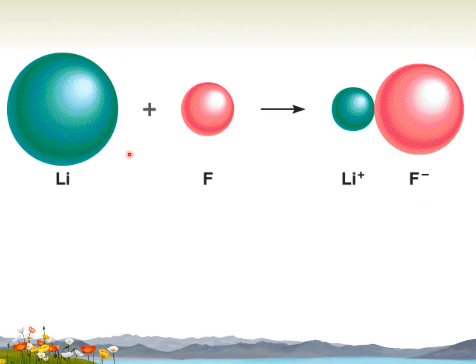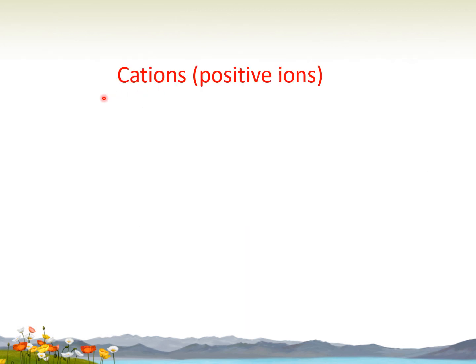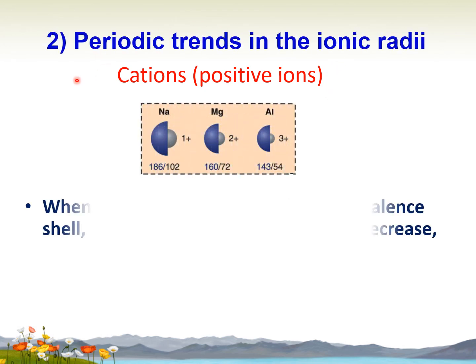Before and after. Cation is always smaller than the atom from which it is formed, while anion is always larger than the atom from which it is formed. Now let's see why. Why are cations always smaller than the atoms from which they are formed?